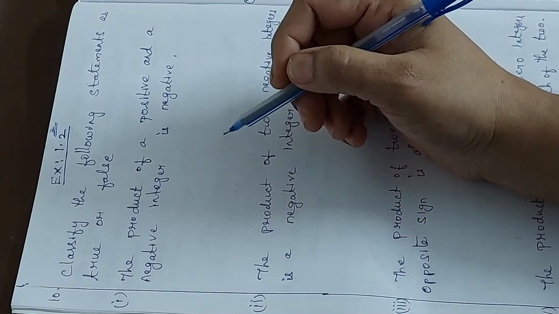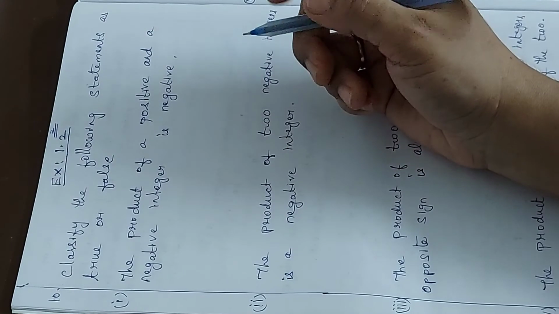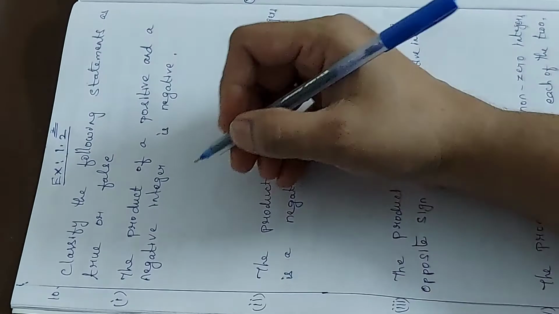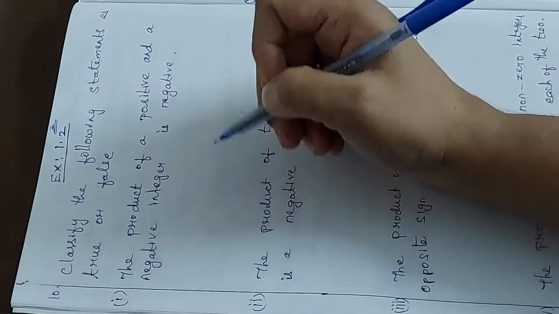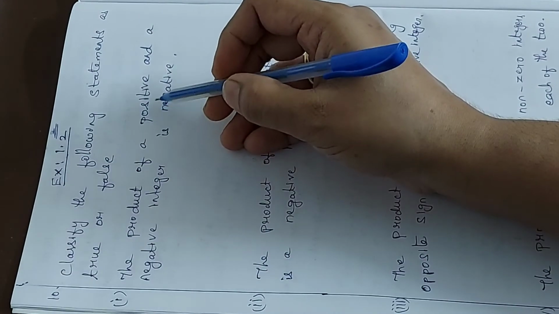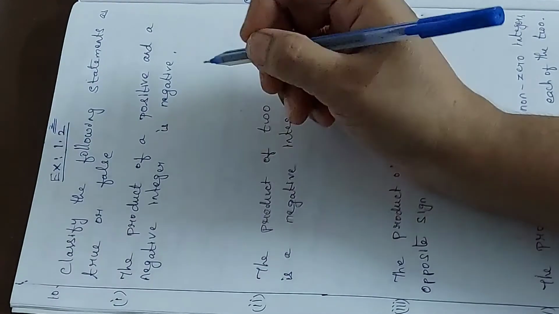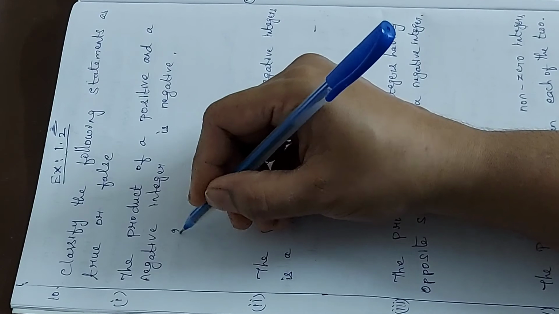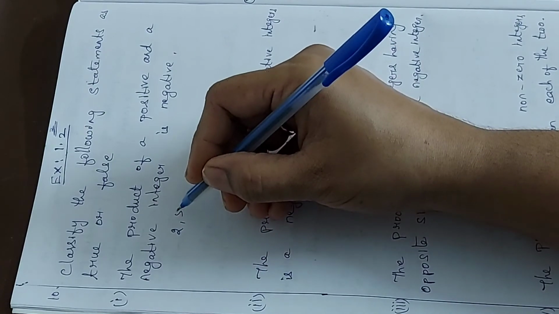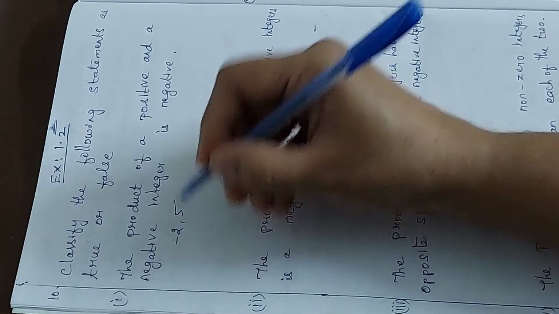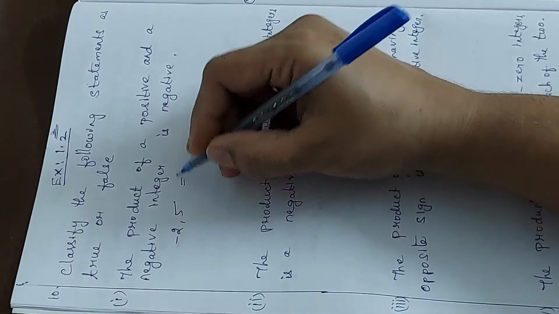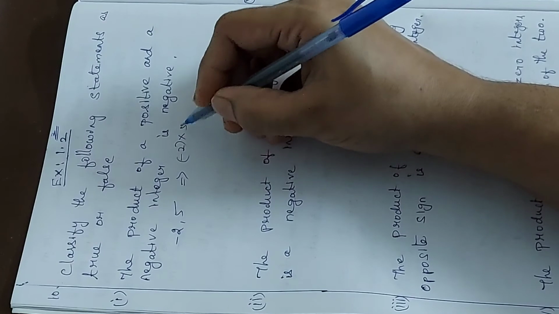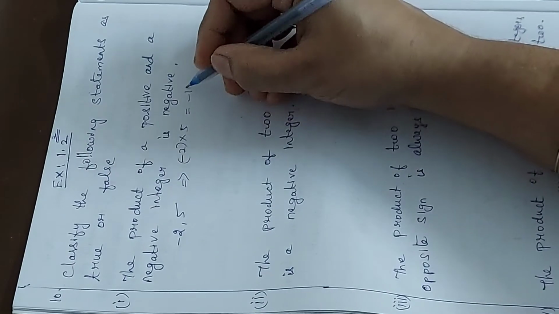The first subdivision: the product of a positive and a negative integer is negative. If I choose any two integers, one positive and one negative, say minus 2 and 5, then the product will be minus 2 multiplied by 5, which is equal to minus 10.